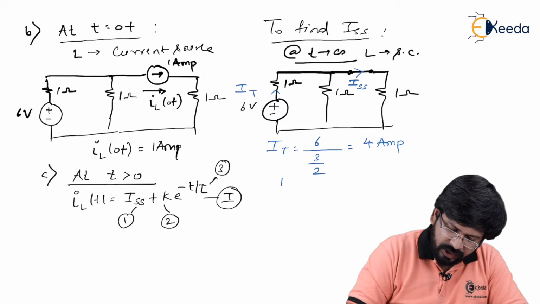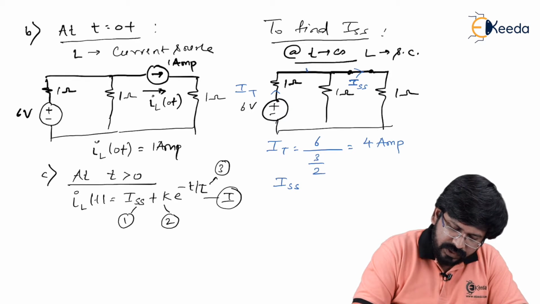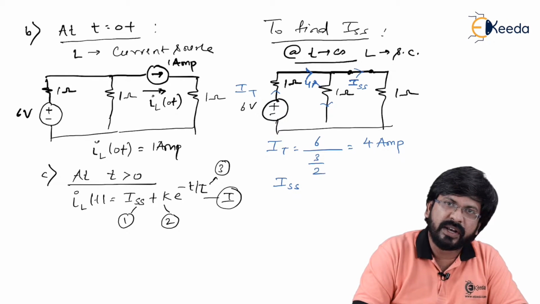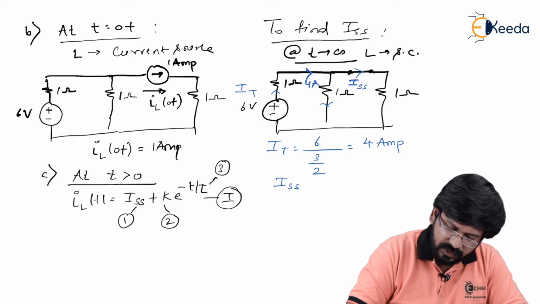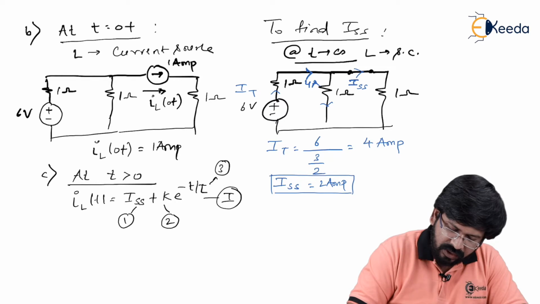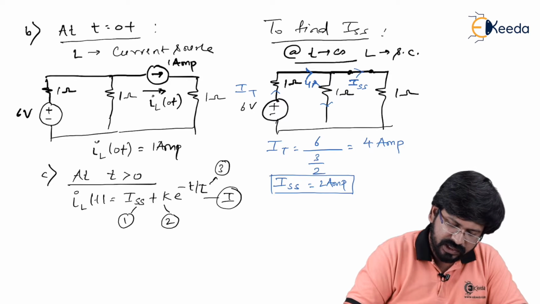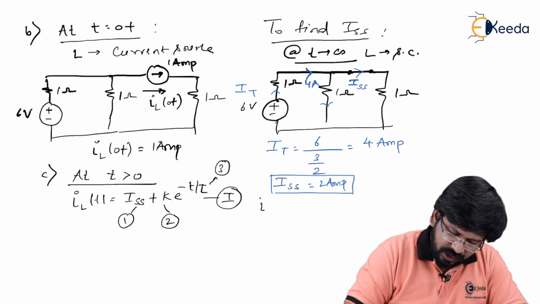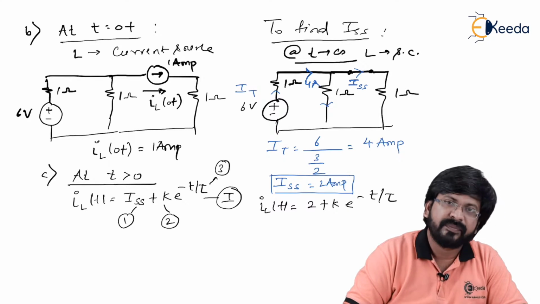So suppose this is 4 ampere, you understand this current gets divided equally because of the equal resistances, so ISS becomes 2 ampere. So now we have the value of ISS, we can substitute in equation number 1. IL of t now becomes 2 plus k into e to the power minus t by tau.